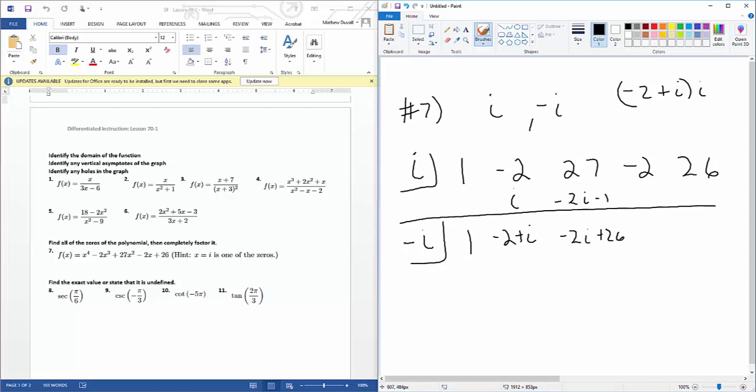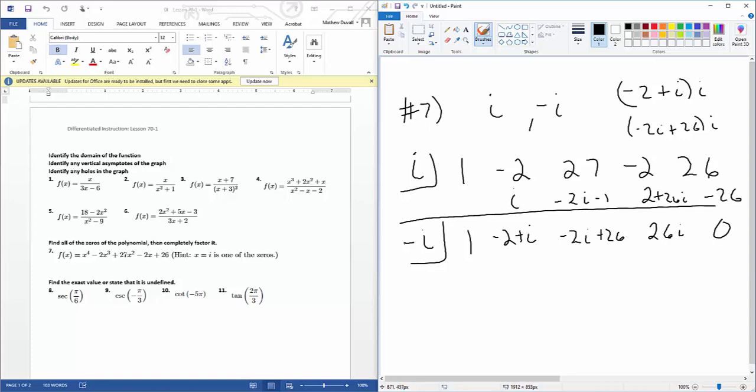Now multiply. So that's going to give you +2 plus 26i. Add straight down. Now multiply, you're going to get -26, which is 0.